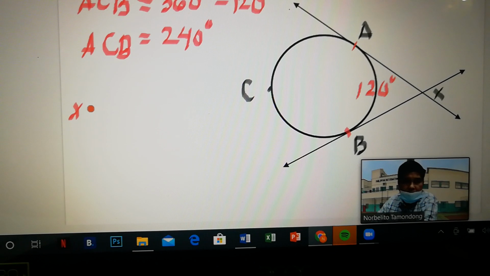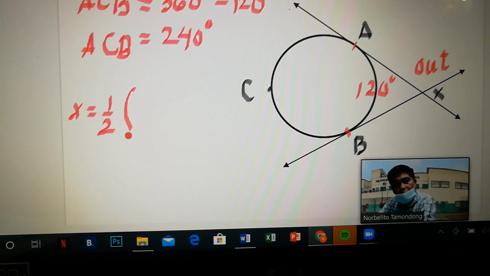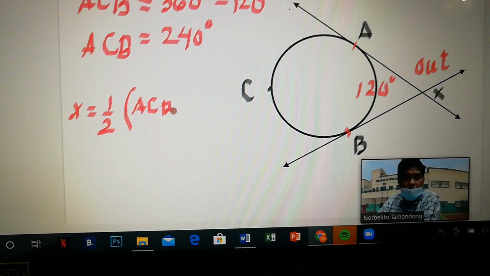So you can now find x. The measure of angle x is, since x is outside, the measure of the angle formed is 1/2 the positive difference of the intercepted arcs. So that your difference is positive, use the major arc ECB minus the minor arc EB.